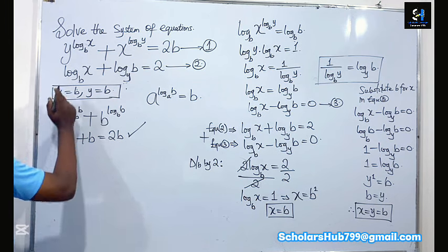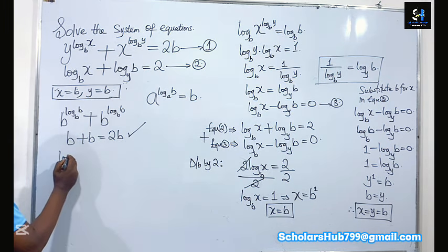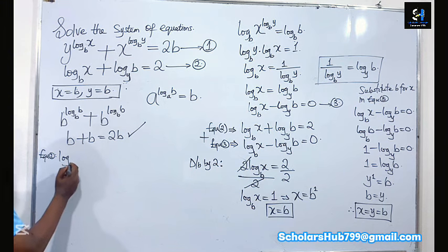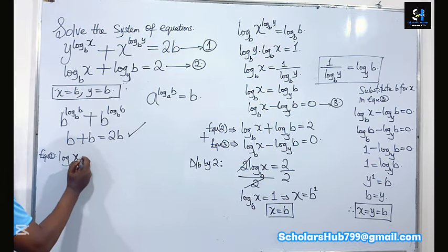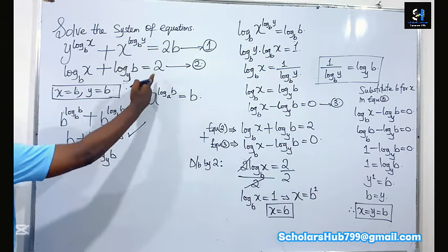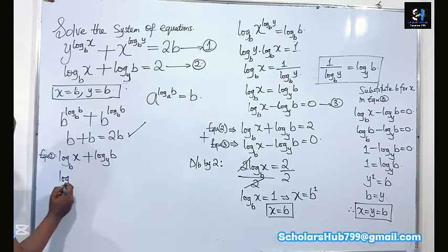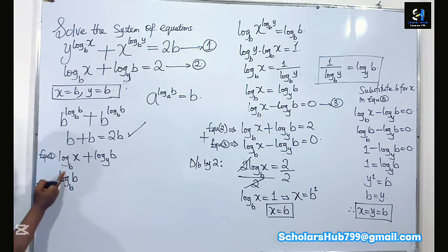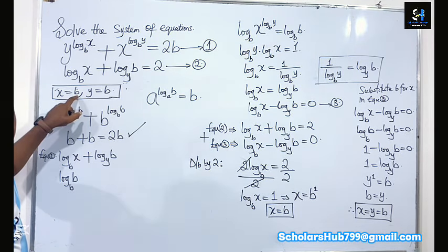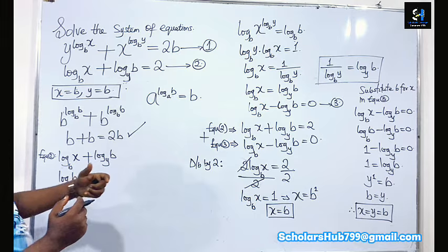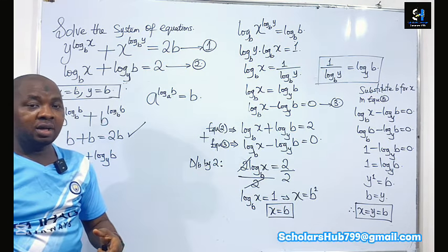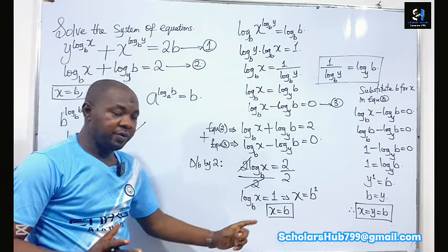Then also for equation 2, we have log base b of x plus log base y of b equals 2. Now this will be log base b of b, because the value of x is b.